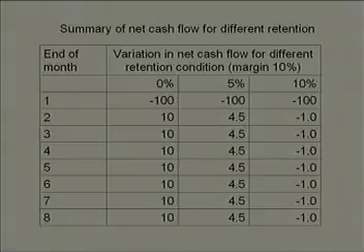So, you can notice from 10 now you are receiving 4.5, and when it comes to 10% of retention, you find that all these months you are having a negative cash flow equal to minus 1 lakh.